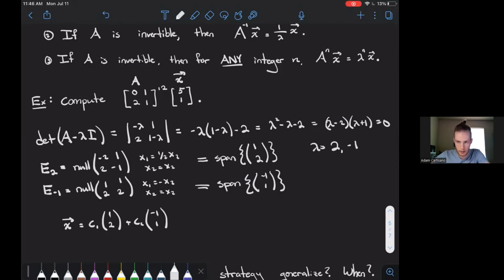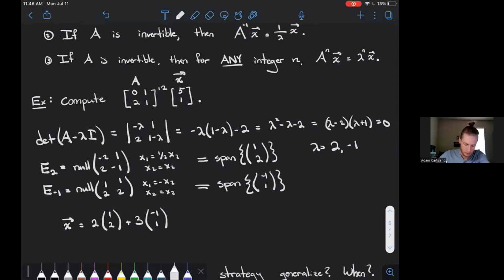You can work this out. It's worked out in the book, but you know how to find linear combinations, right? Set up an augmented system, row reduce. You'll extract the coefficients, and then we write them for C1 and C2. As it turns out, C1 is equal to 2, and C2 is equal to -3.